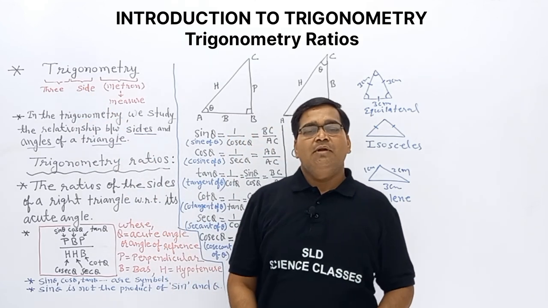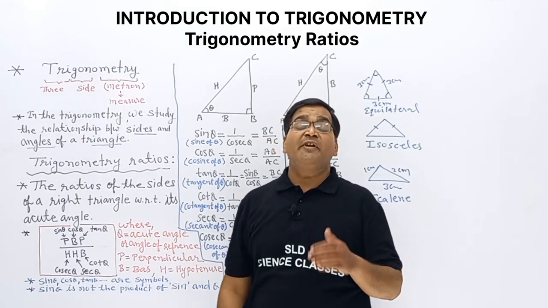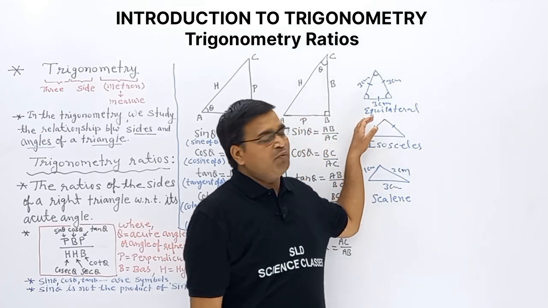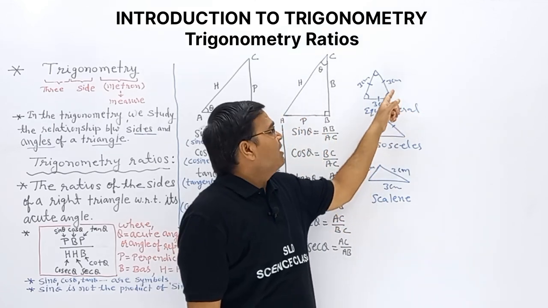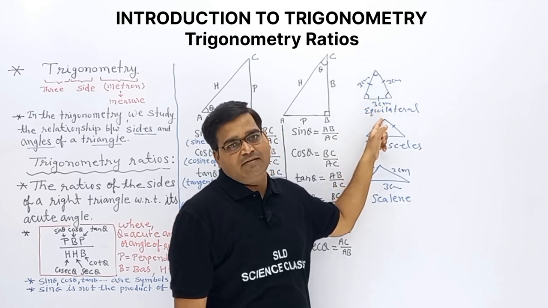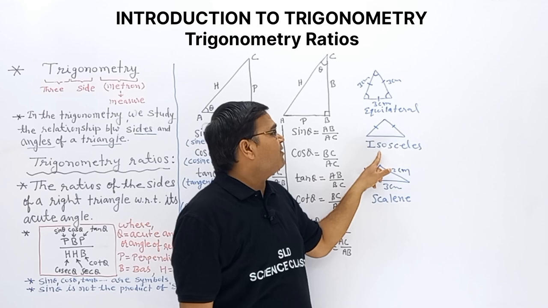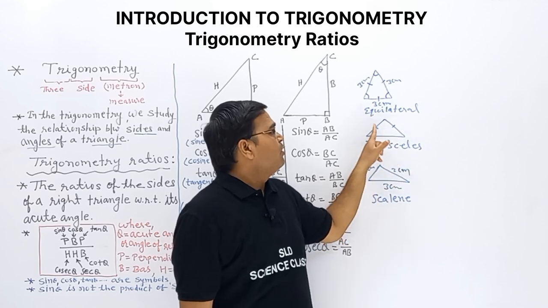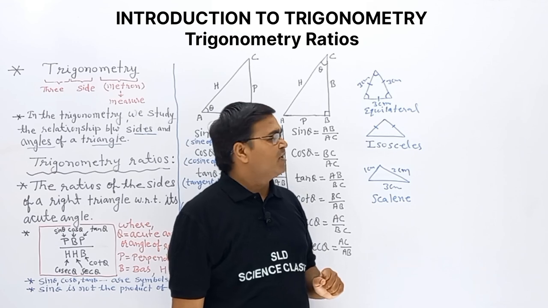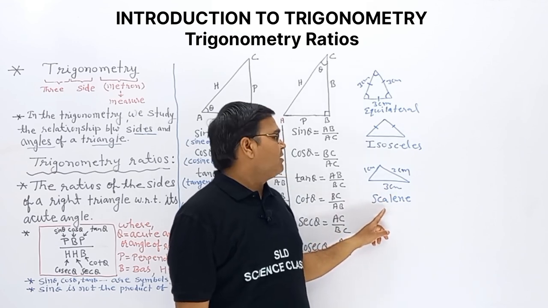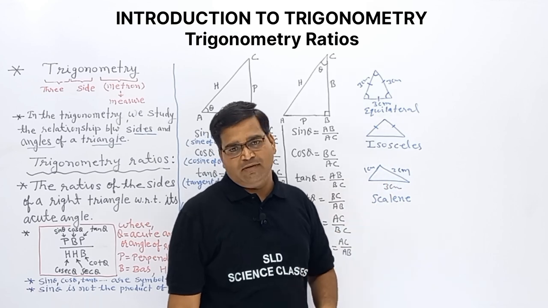Clear? Now we already studied different types of triangles. One is equilateral: if all sides are equal, then that is called equilateral. The second one is isosceles, having two equal sides. And the third one is scalene, in which no sides are equal.